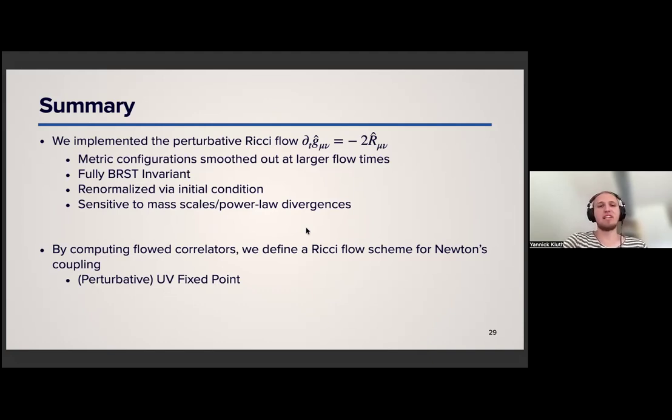I also showed you that any UV divergences that we encounter in this Ricci-flow scheme are renormalized by the initial condition. And by computing these flow correlators, we find a usable Ricci-flow scheme for Newton's coupling, where it looks like there is a perturbative UV fixed point at this point.